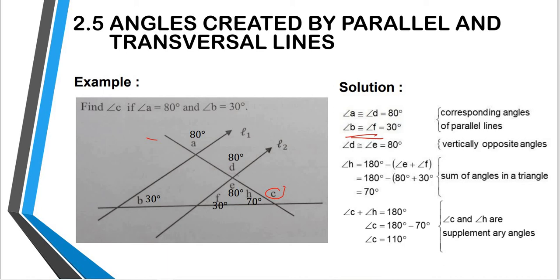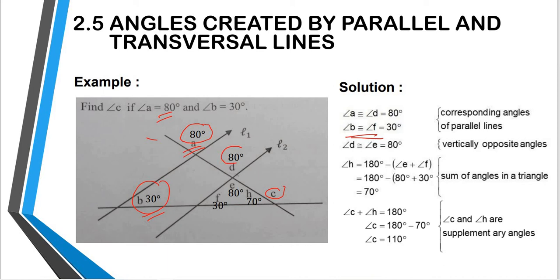So, this one is 30. Dia dah bagi kan? Ini dia bagi. A dia dah bagi 80 kan? B pun dia dah bagi 30. Dia dah bagi. Ni daripada soalan. So, kita tahu A dengan B ni adalah yang diberi. So, kita tahu juga by the rules from parallel and transversal line tu, kita tahu A dengan D adalah sama dia punya angle.